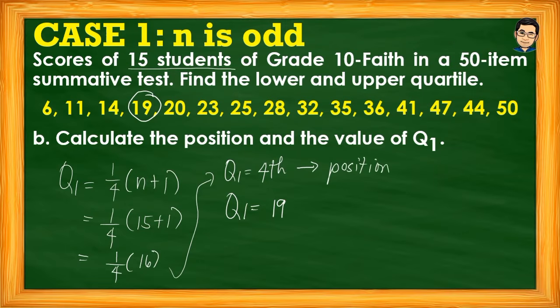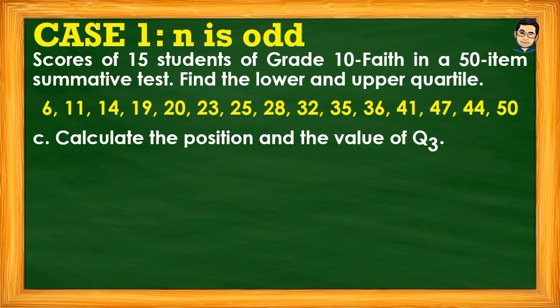Hindi po yan mismo ang sagot. So, kailangan muna nating makuha yung position, location ng quartile 1 bago natin makuha to. Q sub 1 is equal to 19. Therefore, 19 is the lower quartile. Okay, ibig sabihin 25% ng student score is less than or equal to 19.